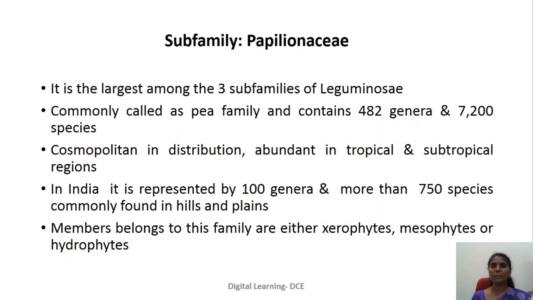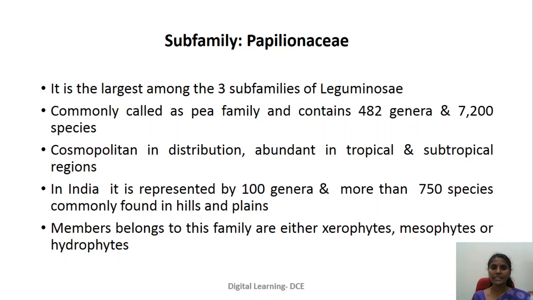Coming to the subfamily Papilionaceae, it belongs to kingdom Plantae, division Angiospermae, class Dicotyledonae, subclass Archiclamidae, order Rosales and family Leguminosae, and is the largest among the three subfamilies of Leguminosae.